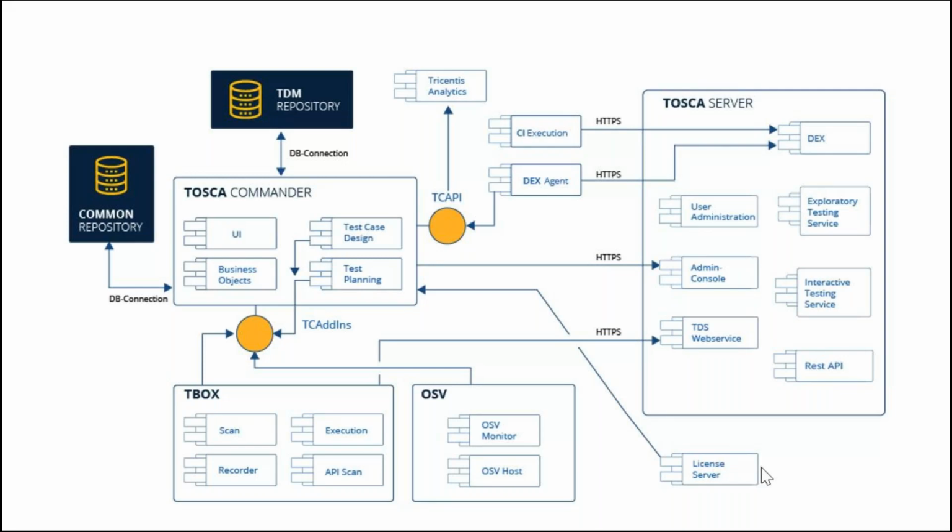So these are the three types of licenses, and the one component here you can see is the license server. Most projects which have security concerns and constraints will mostly go with the on-premise license server. You have to install it and just activate the licenses on that server. It will be connected to everyone in the company or in the project. And then we have cloud, which connects directly to the Tricentis cloud.